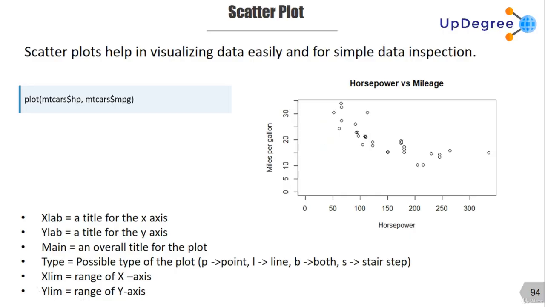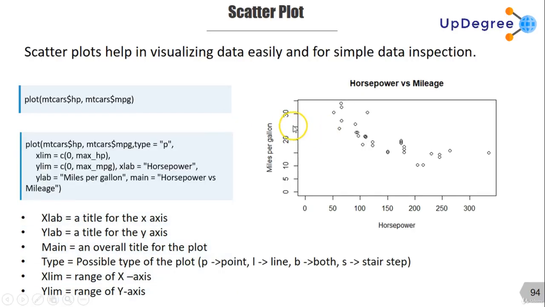So we have to use the plot function and then we have to pass X and Y. If you remember from our earlier example of mtcars, where we had a lot of different attributes like horsepower, mileage, cylinder, weight and all those things, we are going to discuss this scatter plot.